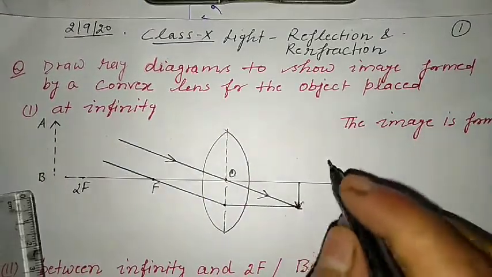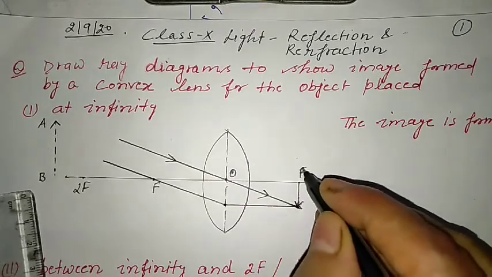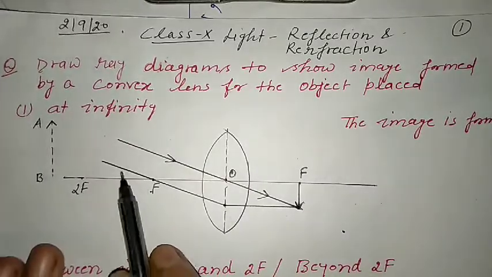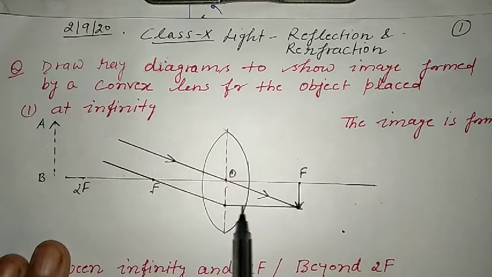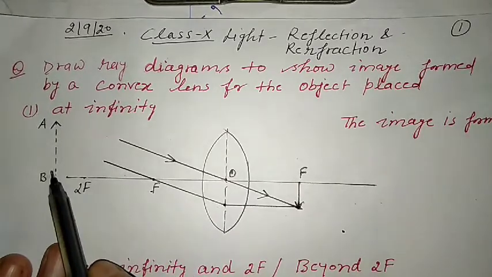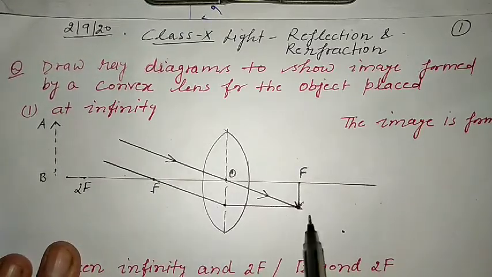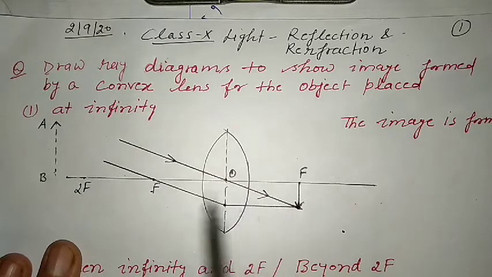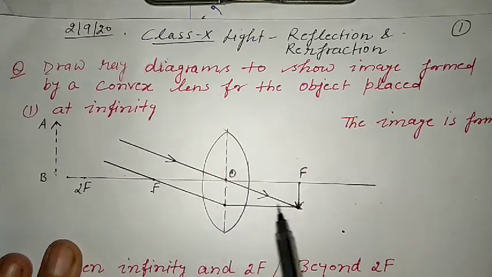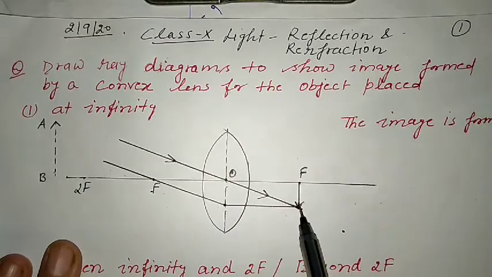This is F. The ray which passes through the focus, after refraction, becomes parallel to the principal axis. So with the object at infinity, we have assumed 2 rays: one passing through the optical center, remaining undeviated, and the second passing through the focus, becoming parallel to the principal axis after refraction. Where do they meet? They will meet at the other side focus.